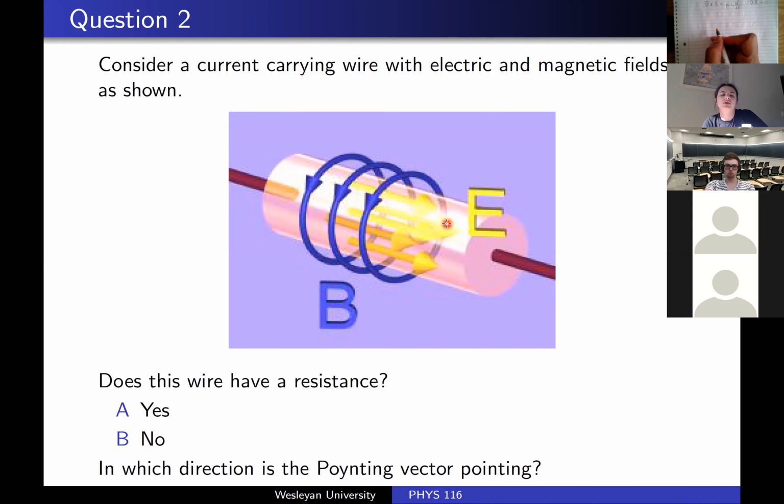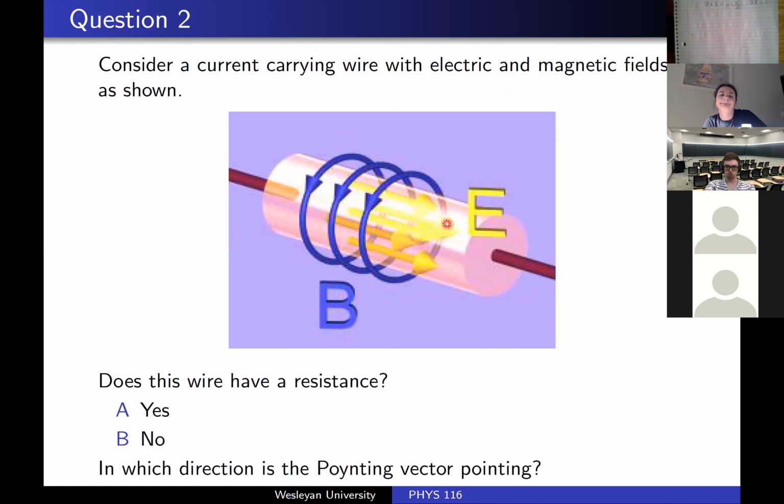A question. Why do we care about the resistance? Oh, well, just so that we have a clear potential difference and thus a clear electric field. The presence of the electric field reminds us that there must be a potential difference here.